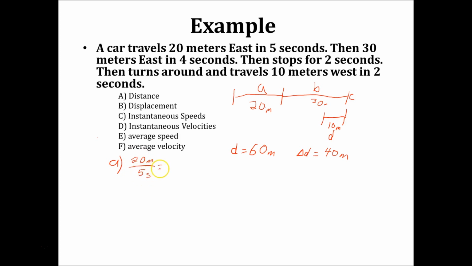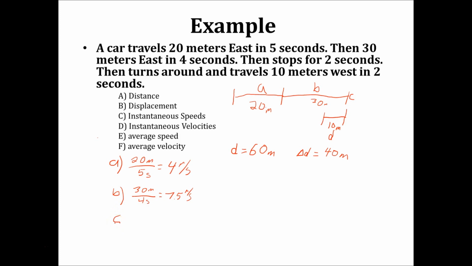So the instantaneous speed during that time is going to be 4 meters per second. And we're just going to do this for each of the 4 segments. So B, we went 30 meters, and that took us 4 seconds. So that's going to be 7.5 meters per second.